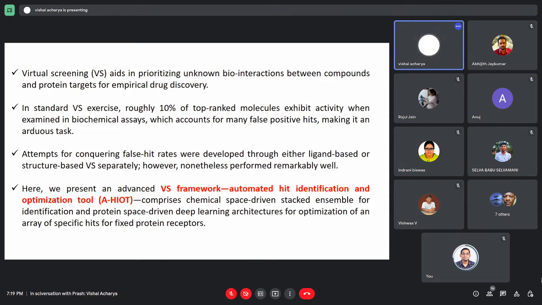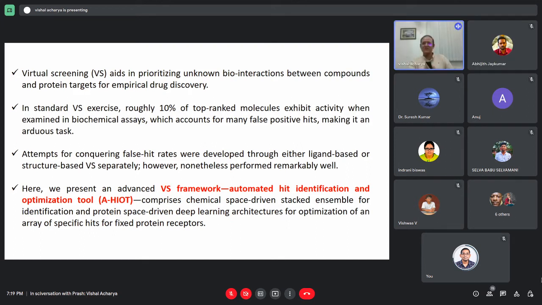But the problem was that when we examined roughly the top 10 molecules in biochemical assays, we still got more and more false positive hits. This was related to virtual screening, so we attempted to make new software, an automated hit identification and optimization tool, to reduce false positives.